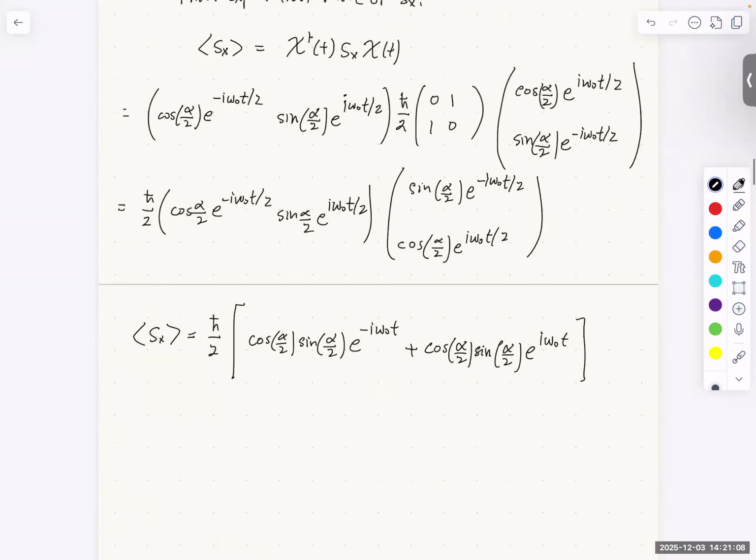So, all right, we could simplify this quite a bit, actually. There's a trig identity where the product of cos and sine with the same argument is equivalent to 1/2 sine alpha. And so this is also 1/2 sine alpha.